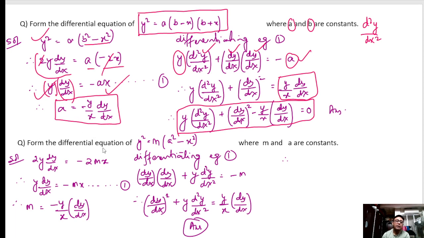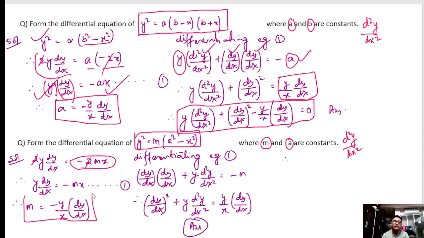Clear? Next, this is the equation given to us, and here m and a are constants, so we have to do up to second order differentiation. So it is 2y dy by dx, and a square minus x square becomes minus 2x, and 2 and 2 will cut, so it becomes this, separating the first constant from here.